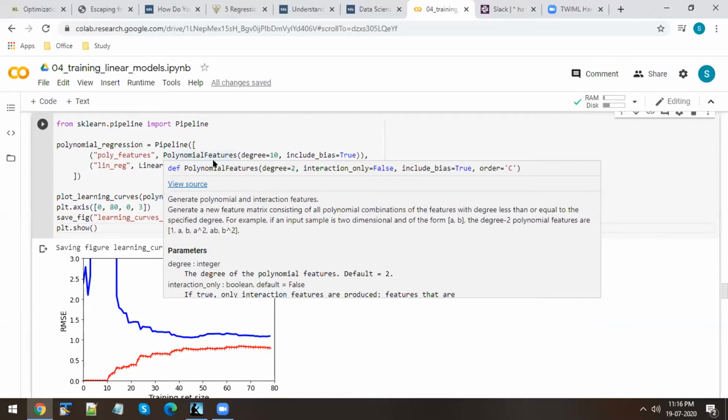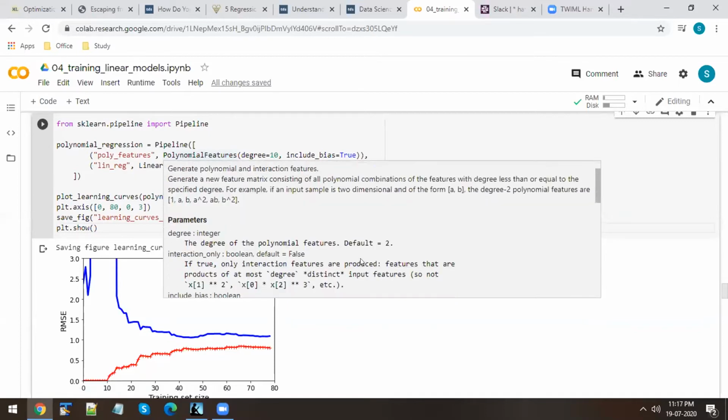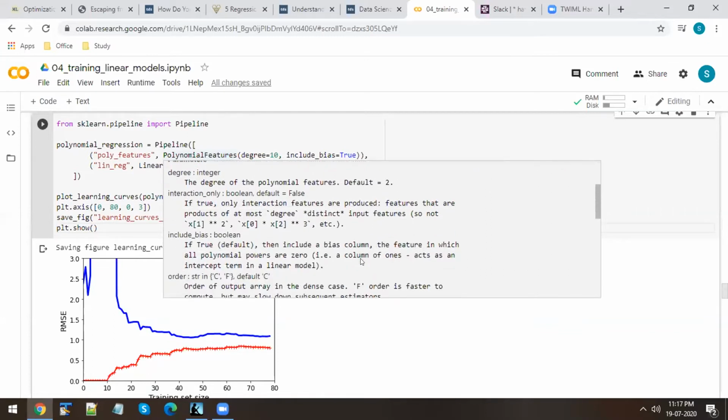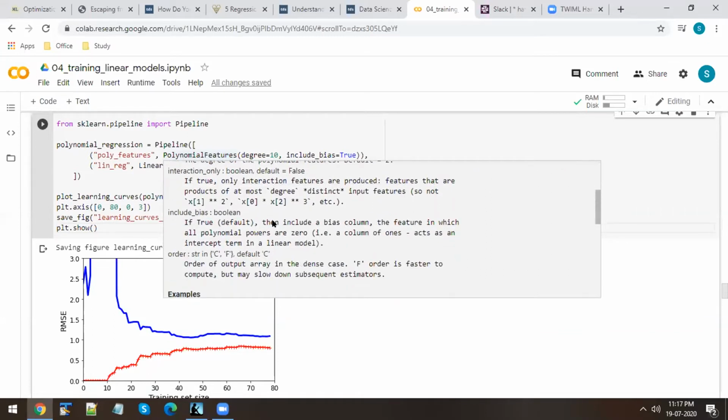So this documentation says these are the parameters, including include bias equal to true. If I scroll through this document, it says include bias is a boolean. I think I got it. The way we generated y was just using x squared and x terms. We did not have any other constant term being added, it was just the error.